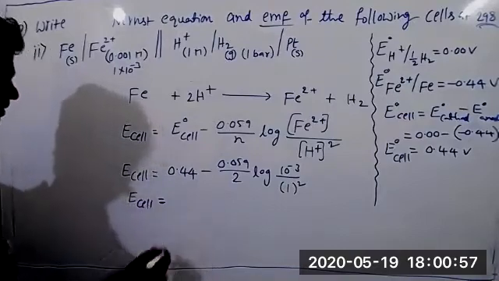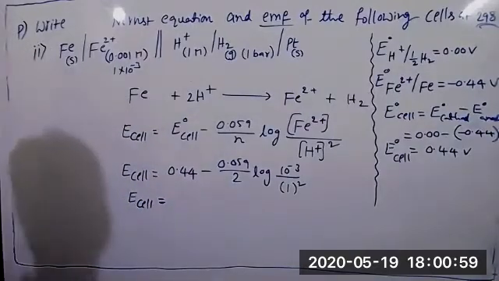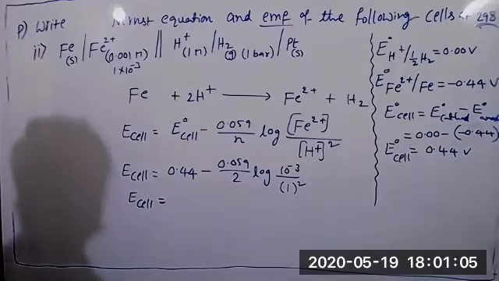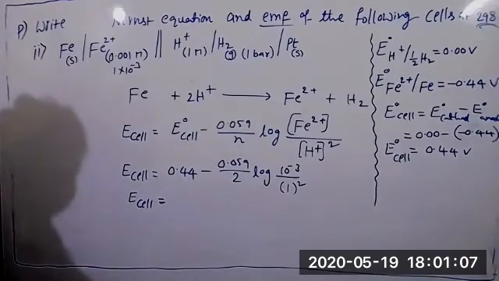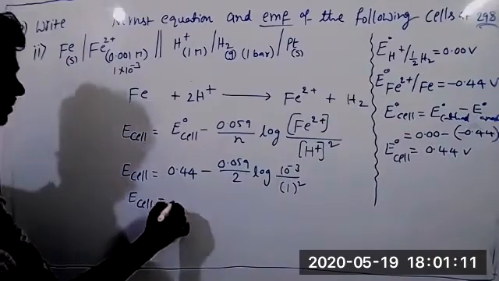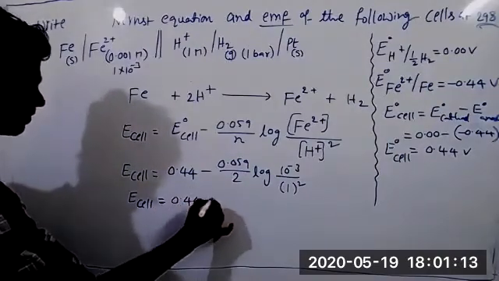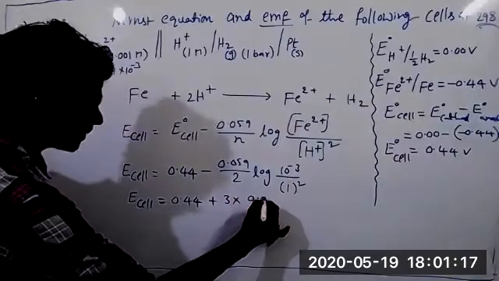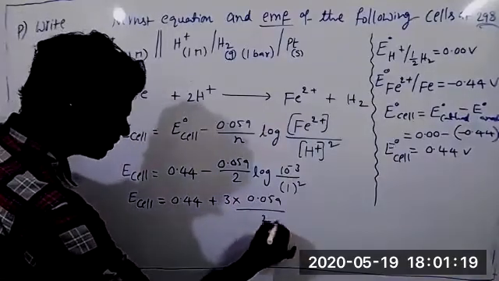E cell is equal to, calculate now the final value. Log 10 power minus 3, it will become plus: 0.44 plus 3 into 0.059 by 2.